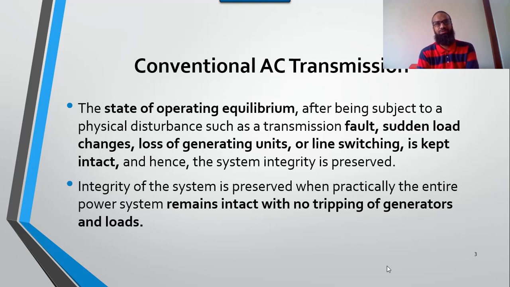There are other problems which can occur in the conventional power system, like the fault. As you know, the common types of fault which occur in the transmission line are line to line fault, line to neutral fault, or line to line to neutral fault.